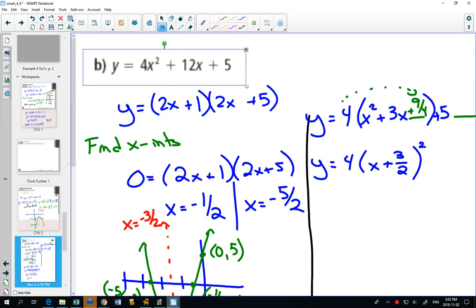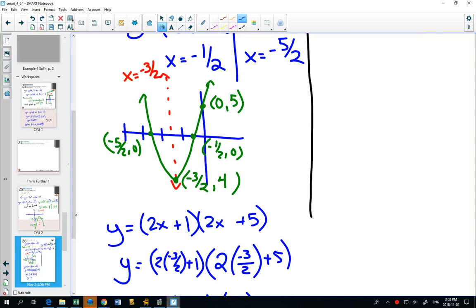That 9/4 gets multiplied by that 4. What have we actually done? We've added 9. So in the other space, we'd have to subtract 9. 5 minus 9 is -4. And so we've got our standard form of our equation. Can you see from there that your vertex is at -3/2, -4?